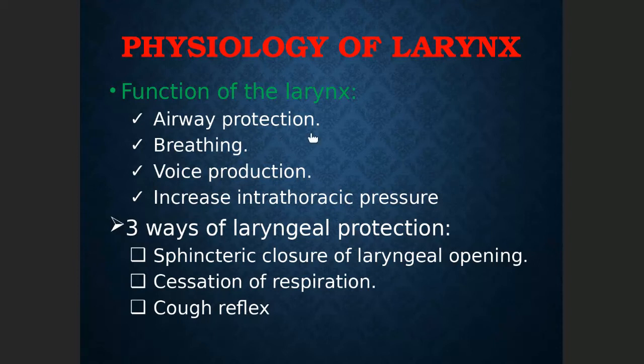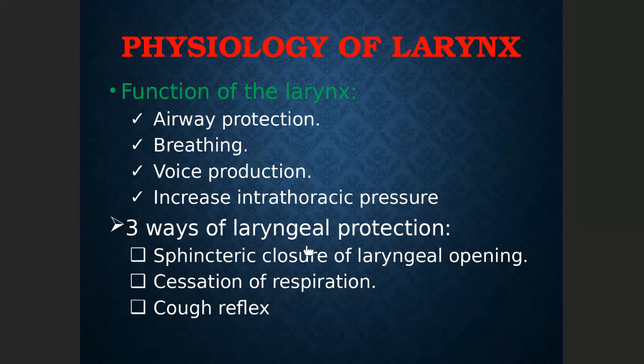Physiology of the larynx. The functions of the larynx: we have airway protection, which is the important function of the larynx; breathing, because the air comes through the larynx; voice production or phonation; and increasing intrathoracic pressure. For airway protection, we have three ways of protection.